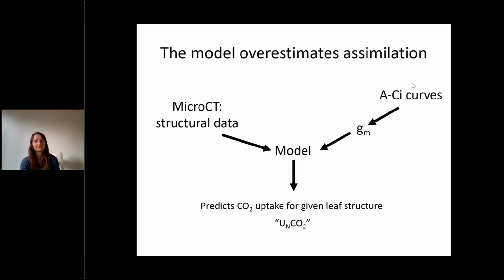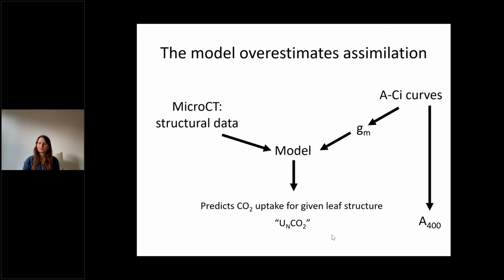And those same physiological measurements also give us a value for assimilation at various CO2 concentrations, but the equivalent one to the model output should be for an ambient CO2 concentration. So we call that 400 parts per million. So just to visualize, our issue here is that the model doesn't correctly calculate CO2 uptake.